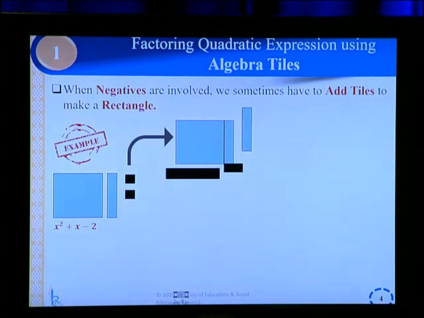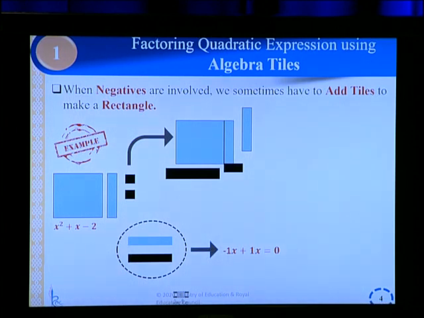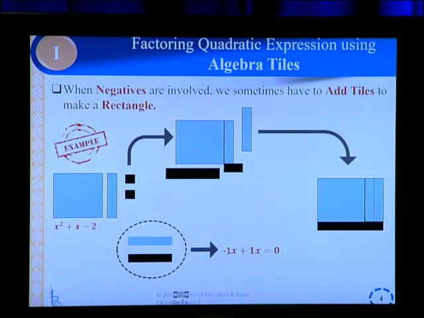Can we add a positive tile and a negative tile to it to make a rectangle? Of course, we can do that because plus 1x minus 1x equals 0, which is called the zero principle, and it still doesn't change the value of our quadratic equation. So let us see how our rectangle looks now.